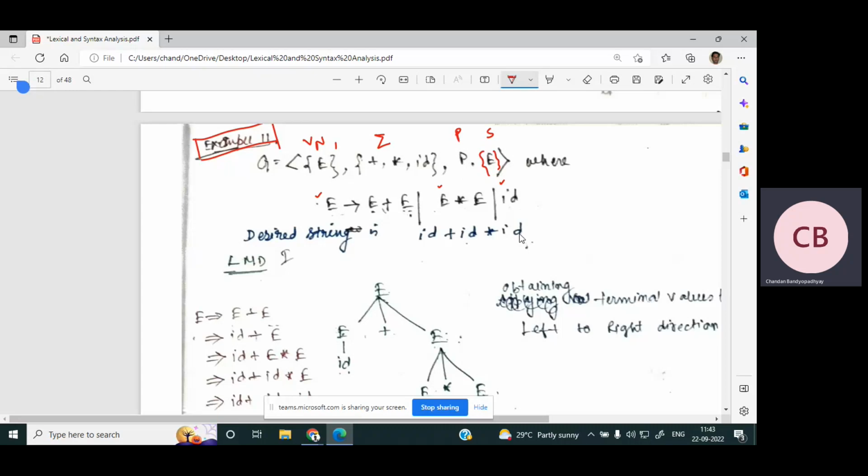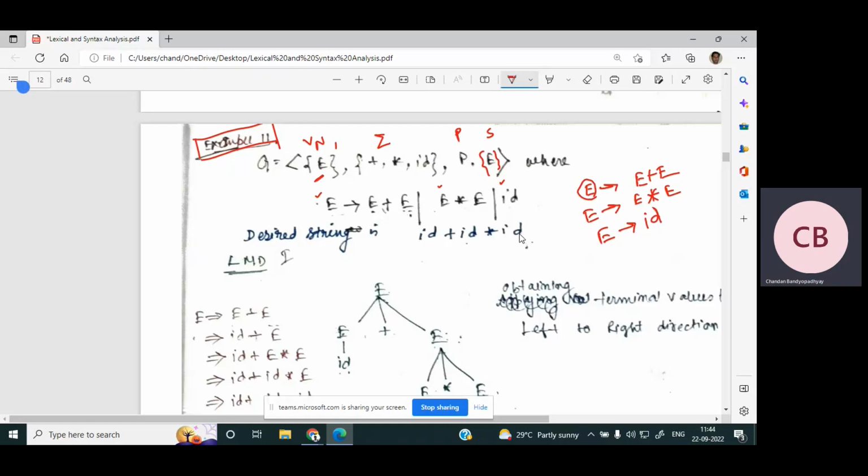If you are not able to understand, I am writing it here. E generates E plus E, or another production rule, E generates E asterisk E, or even E can generate ID. These are the three production rules given. Here you can check that E is being expanded every time, so what is being expanded is categorized as a non-terminal. That's why E comes in the non-terminal part.